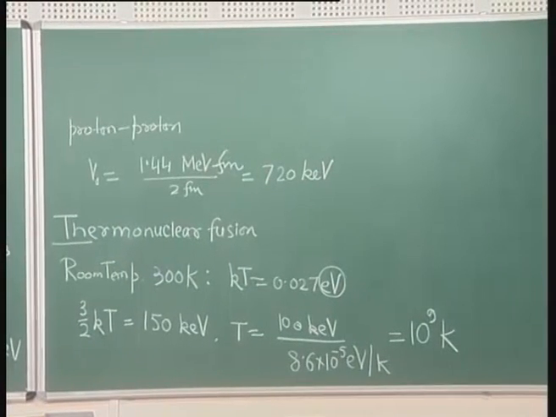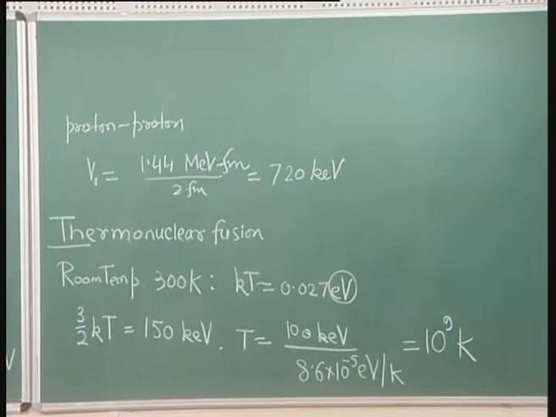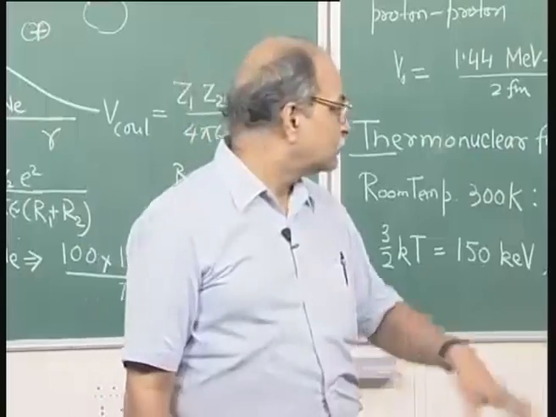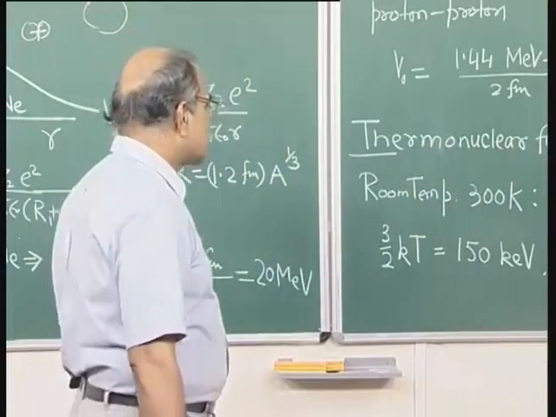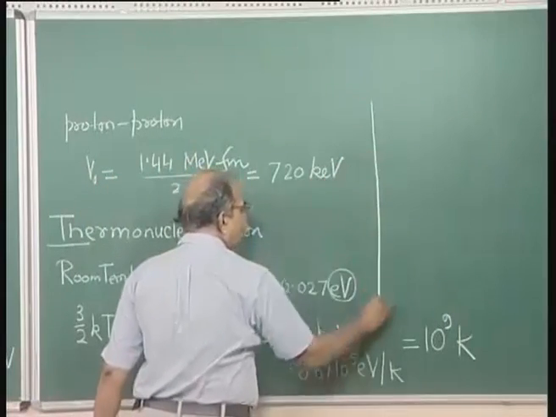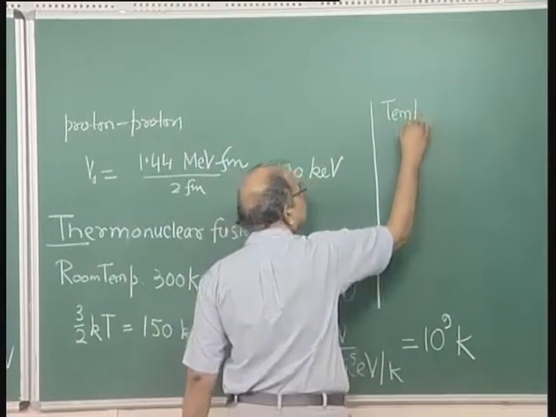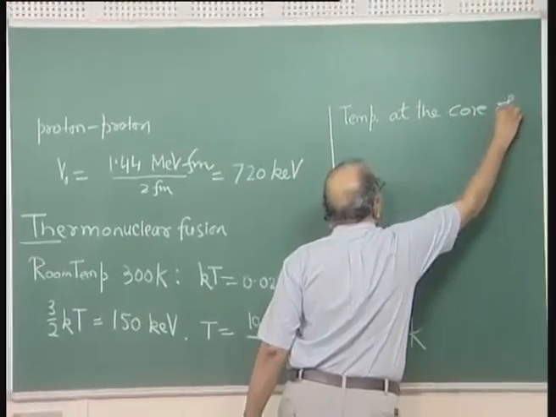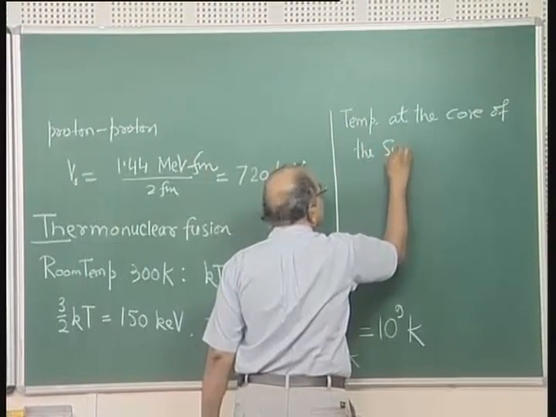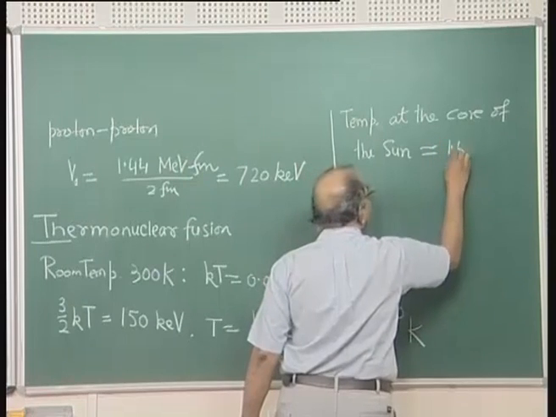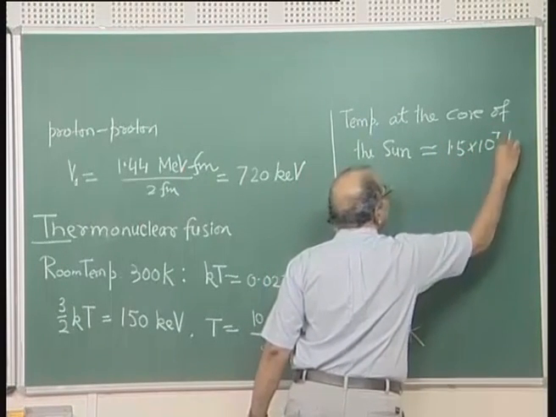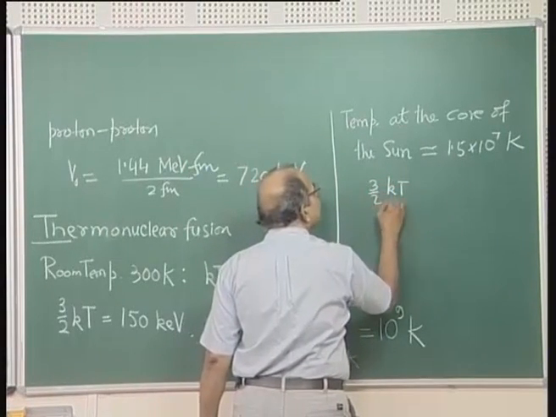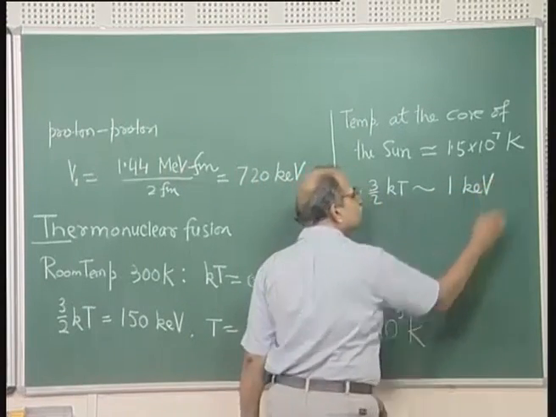The temperature at the core of the sun is around 1.5 into 10 to the power 7 Kelvin. So, 2 orders of magnitude less. Temperature at the core of the sun is 1.5 into 10 to the power 7 Kelvin, and if you look at that 3 by 2 kT, it will be around 1 kilo electron volt.